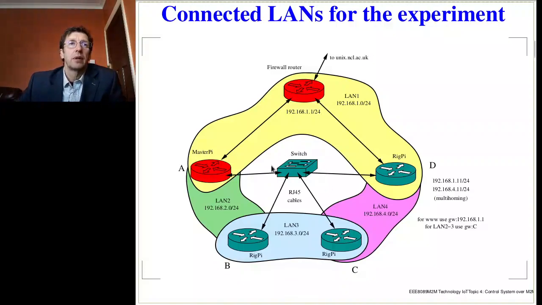Right, so in the middle we have the switch. A switch is a silly device. I mean, silly is not clever, not intelligent at all. What it does is just provide connectivity between all these links. It's a link level device. However, it's not as silly as a bridge or a hub.